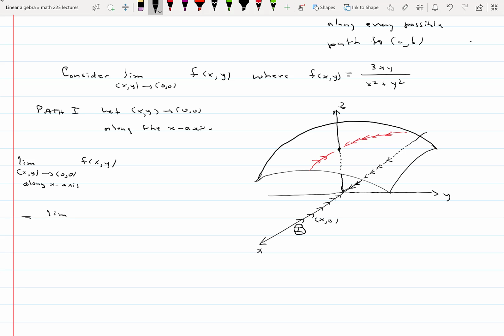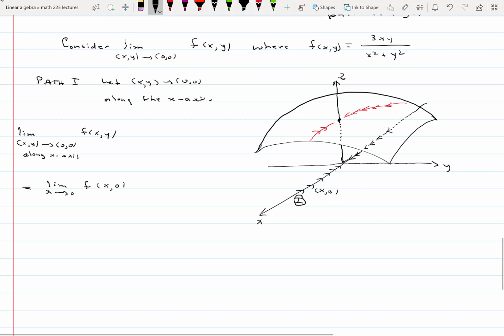So really, as x and y approach 0 along the x-axis, we're looking at the limit as just x approaches 0 of f of x, 0. x, 0 is representative of any point along the x-axis. I've drawn it on the positive x-axis, but it could be the negative x-axis. And let's see what that limit equals. This is the limit as x approaches 0, and let's find f of x comma 0.